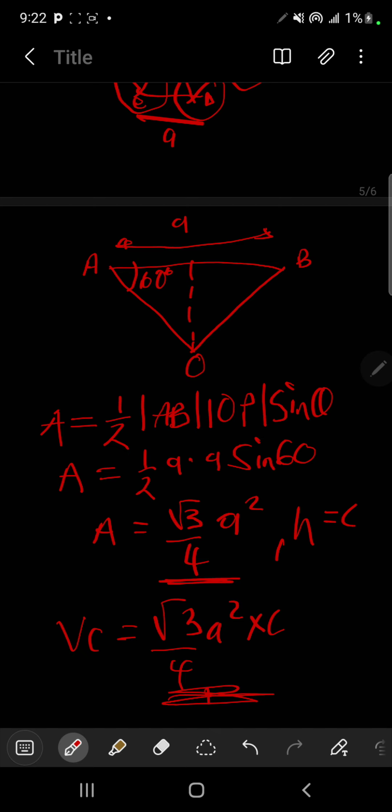Now we are done, and we can easily plug in everything into the equation. It means APF is now just going to be equals to 8 pi r cubed over this whole term here, square root of 3 over 4, then a squared c.